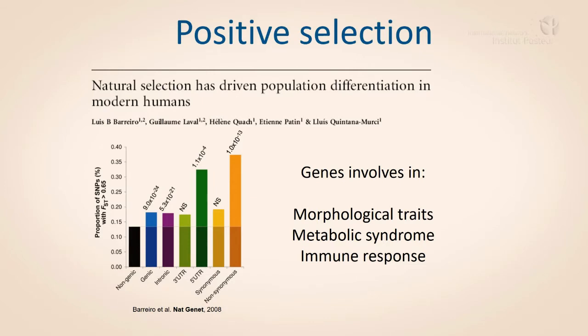But we could also identify genes that may have a major impact on disease-related issues, such as genes involved in metabolic syndrome, obesity, diabetes, hypertension, but also genes involved in immune response to pathogens.